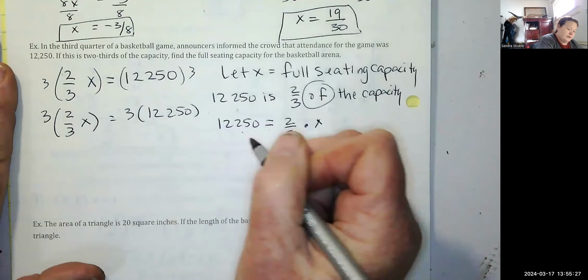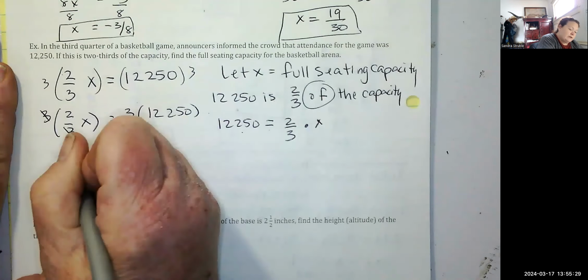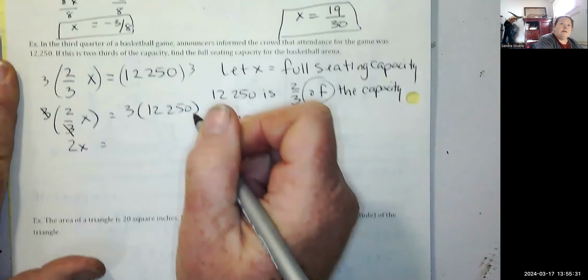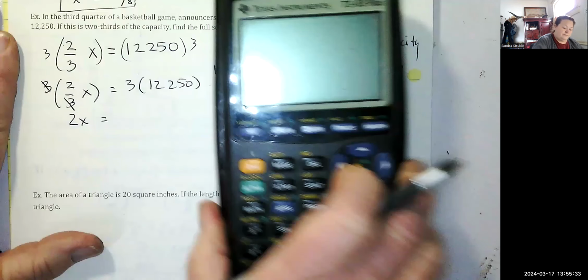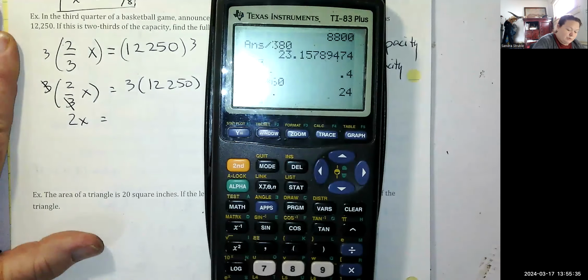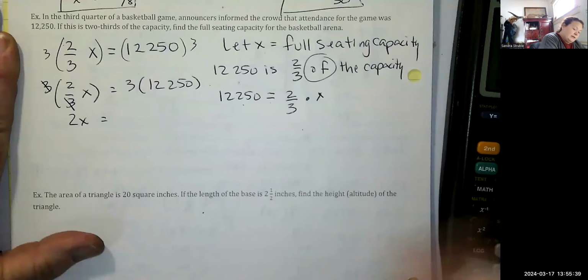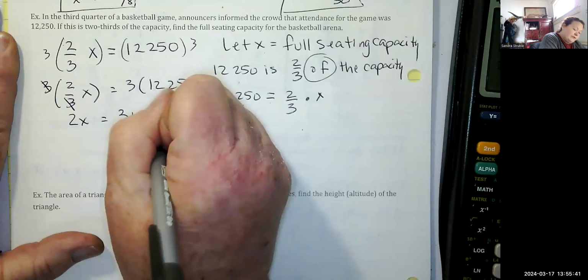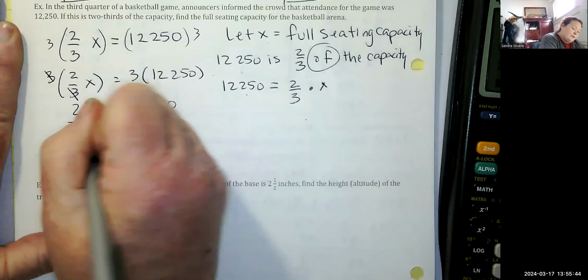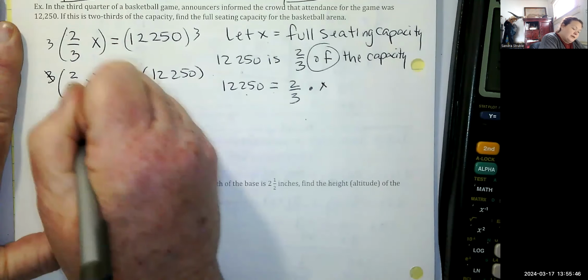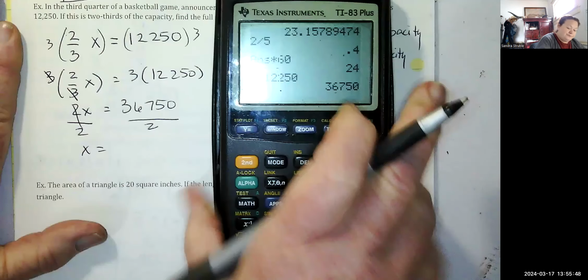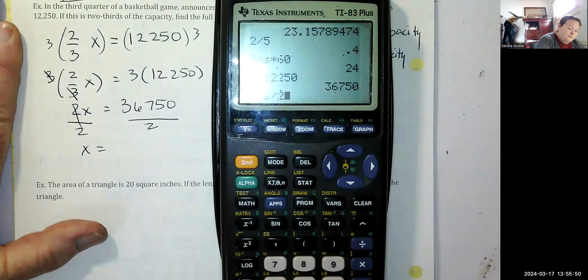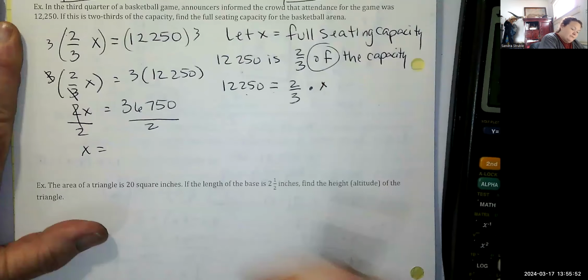All right, so that's going to be 3 times 2/3 x is equal to 3 times 12,250. These reduce and just give us 2x is equal to 3 times 12,250, which is 36,750. Isolating x further, we have to divide both sides by 2, and x is equal to 18,375.